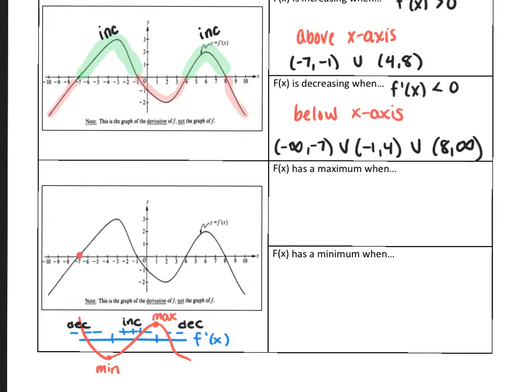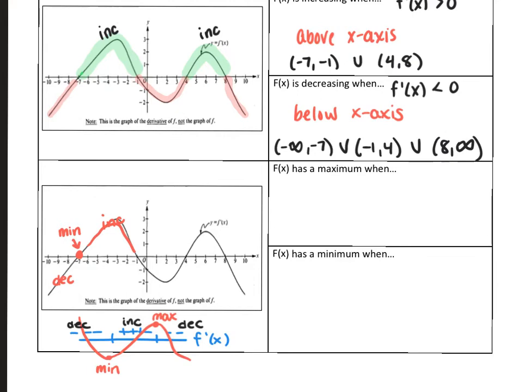At -7, we are going from below the x-axis, so this is your decrease, to above the x-axis, which was my increase. So I've changed from decrease to increase, therefore this one is my minimum.